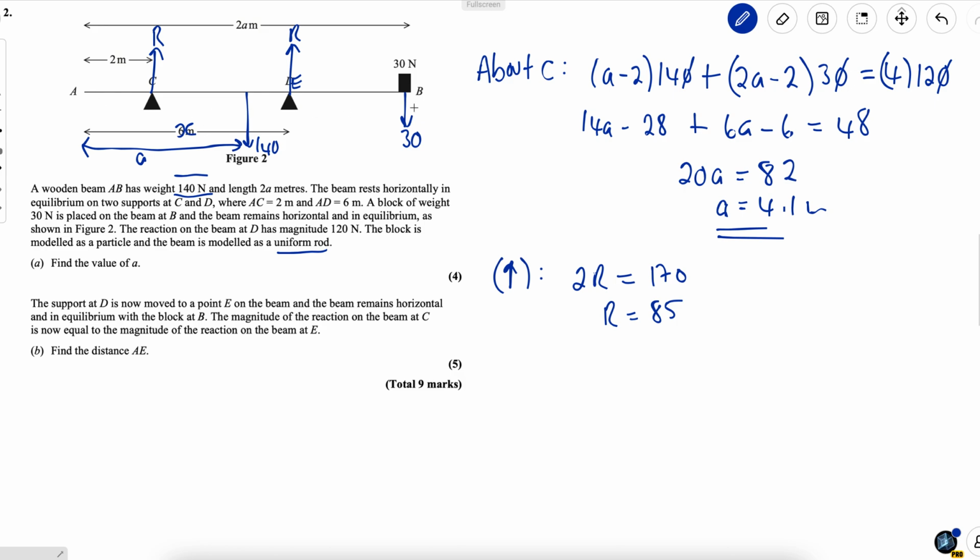Now I can take moments anywhere on the beam, but this distance here is x between here and here. And I'd rather not have an expression for x if I can avoid it, so I'm going to take moments about A. Clockwise, I have the distance a here multiplied by 140. I know a.